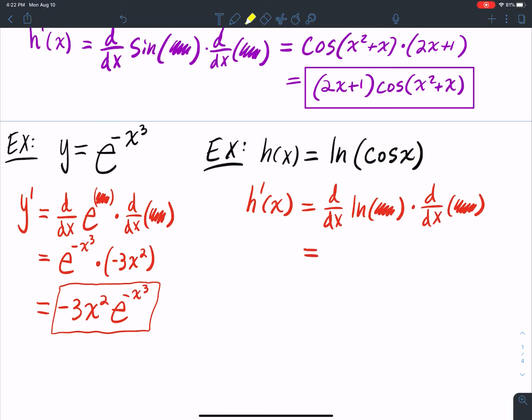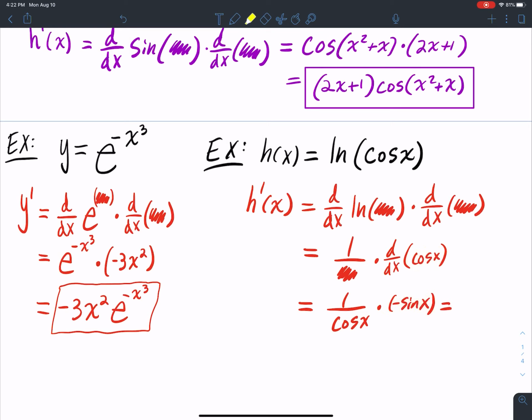You know the derivative of natural log of stuff is 1 over the stuff. And then the derivative of cosine is negative sine.